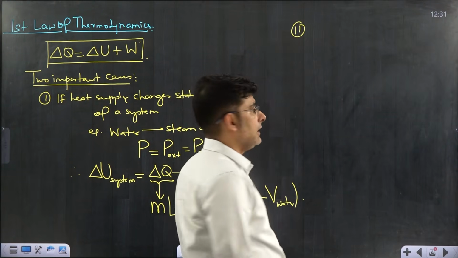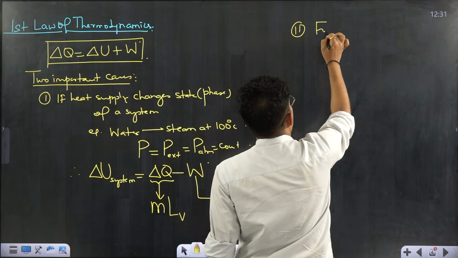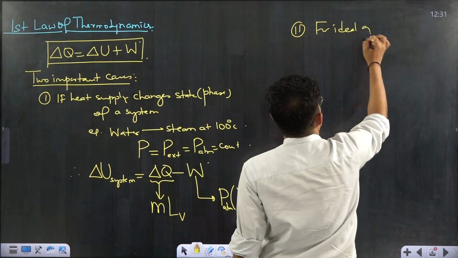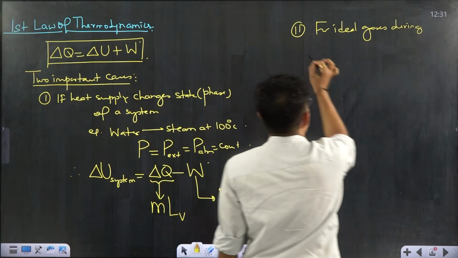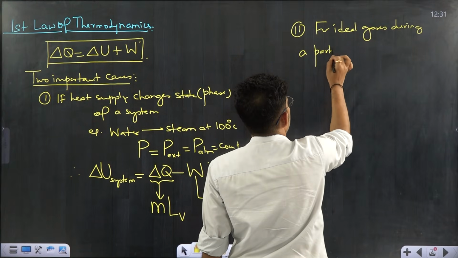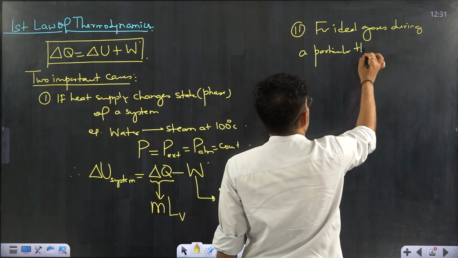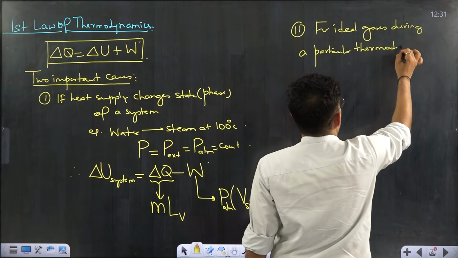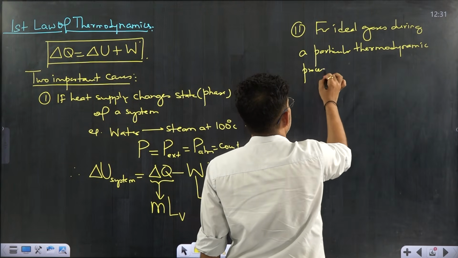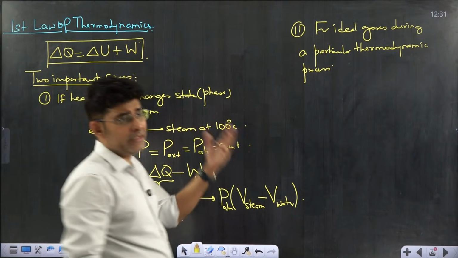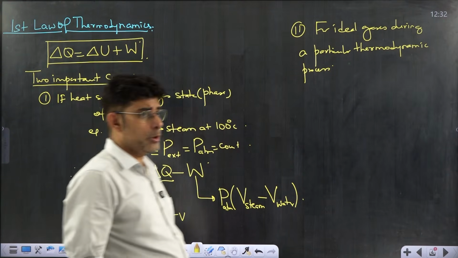Second case comes for ideal gases during a particular thermodynamic process of heat exchange. So suppose delta Q, that is heat exchange, is through a given process.